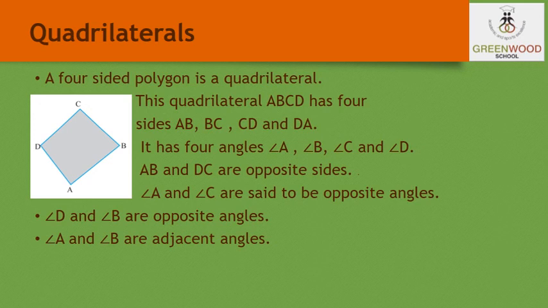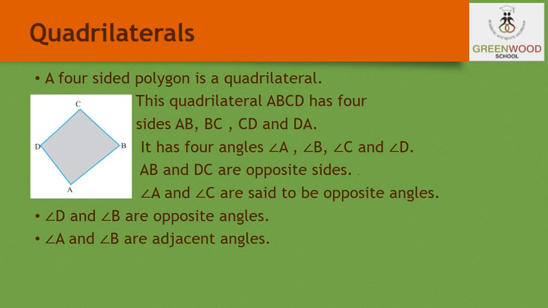Now we'll learn about quadrilaterals. A quadrilateral is a four-sided polygon. Let us take an example of a quadrilateral in the figure, quadrilateral ABCD. Here the quadrilateral has four sides, AB, BC, CD and AD.